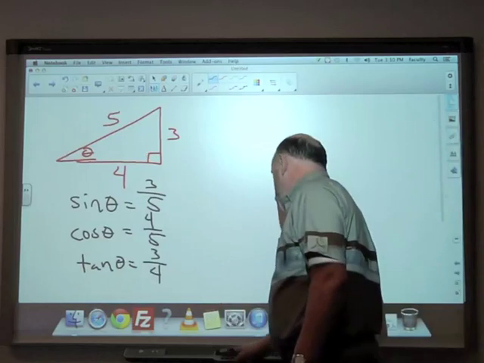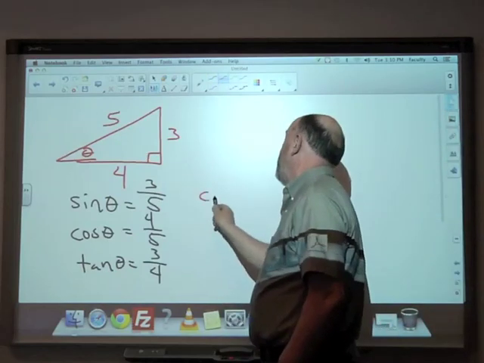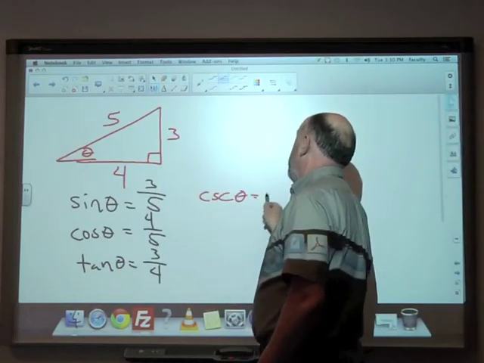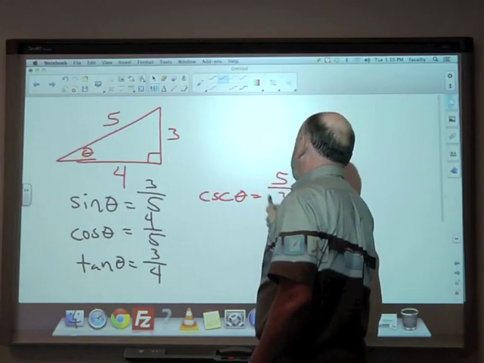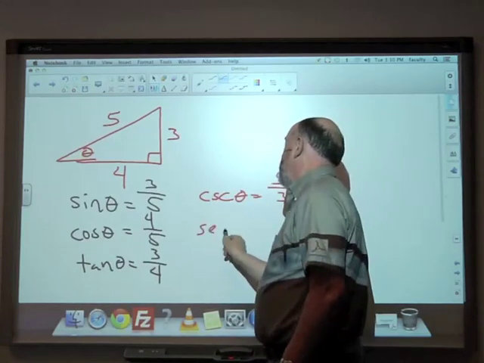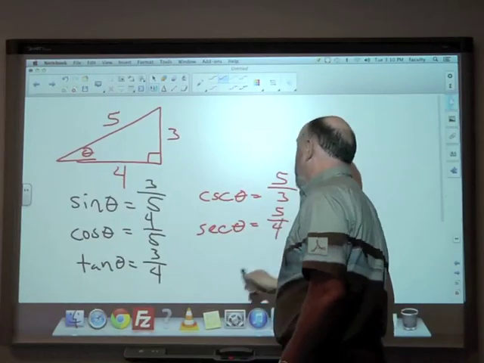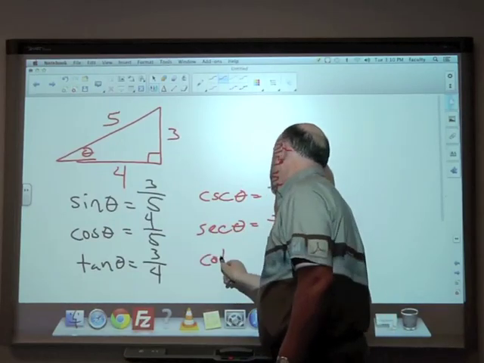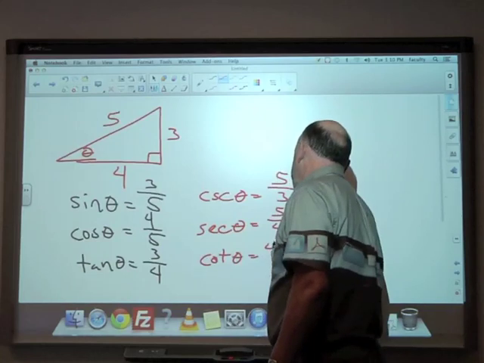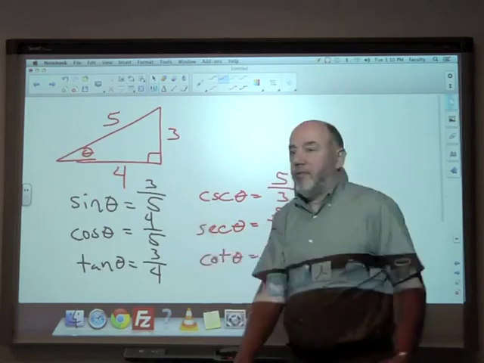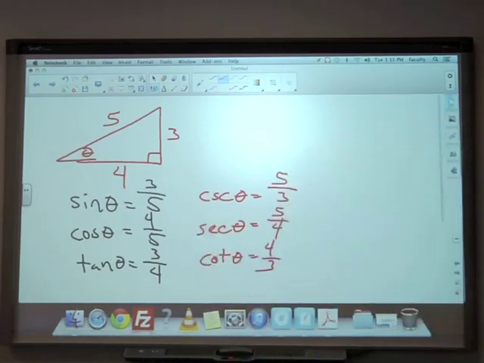So cosecant, 5/3. Secant, 5/4. Cotangent, 4/3. Once you know the first three, the other three are easy. They're just reciprocals.